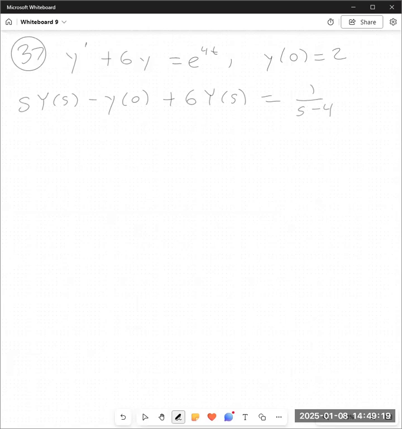So this is s plus 6 times capital Y of s minus 2 is equal to 1 over s minus 4.